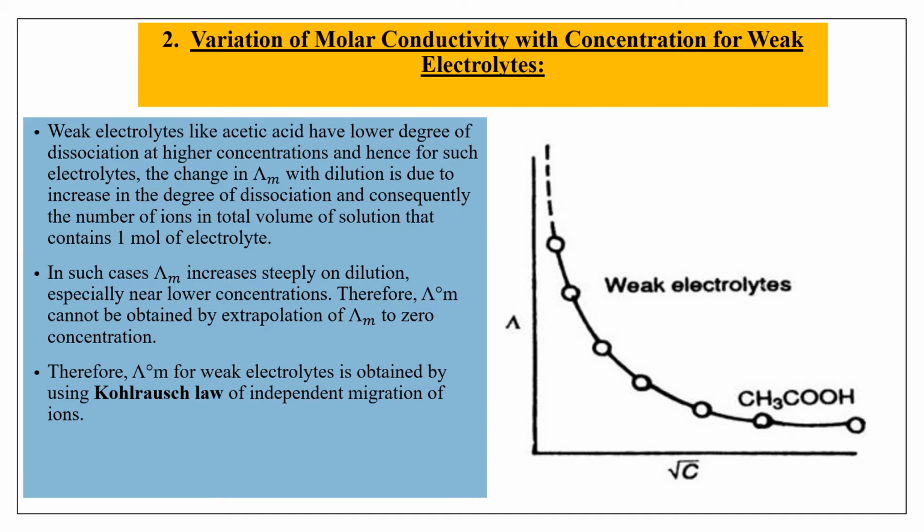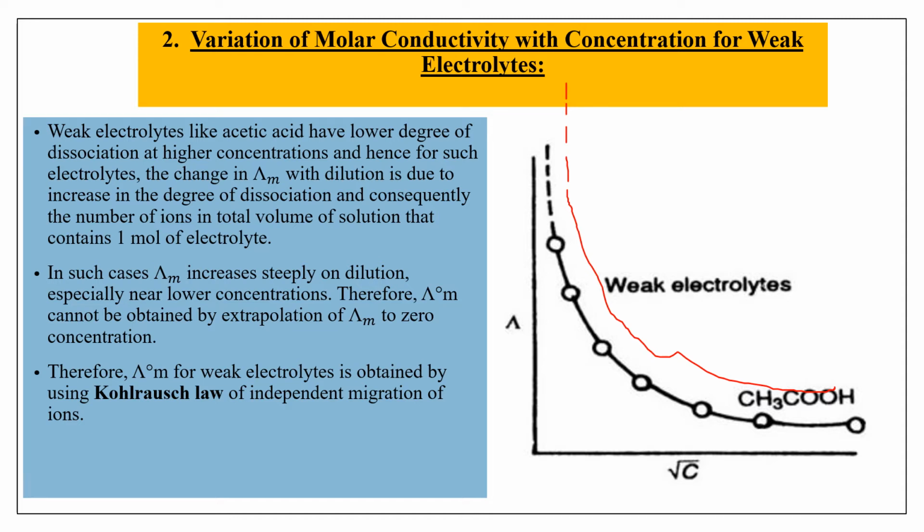Because the value of molar conductivity decreases steeply with concentration. This can be shown with this graph also. It is decreasing steeply with concentration or increasing steeply with dilution. So as it decreases steeply with concentration, we cannot extrapolate the graph to attain the limiting molar conductivity at infinite dilution.